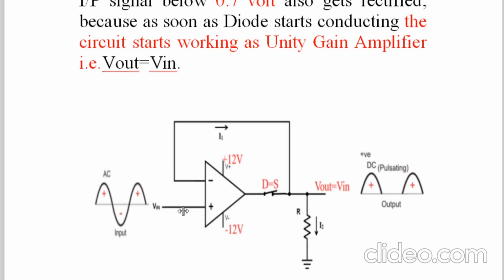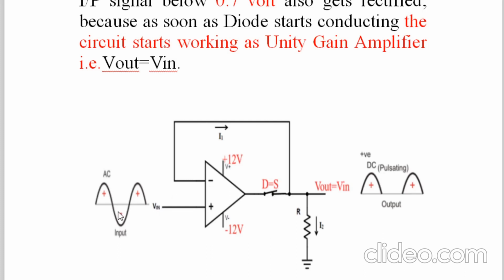So when this is 0 volt, this output is also 0 volt, because this is working as a unity gain amplifier. But now what happens here? As soon as your negative half cycle starts, at the end of the positive half cycle when the voltage is 0 volt, this is also 0, and that voltage is also 0, because the op-amp's output is directly connected over here.